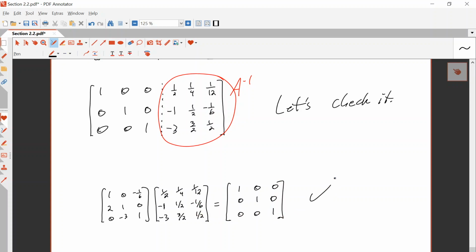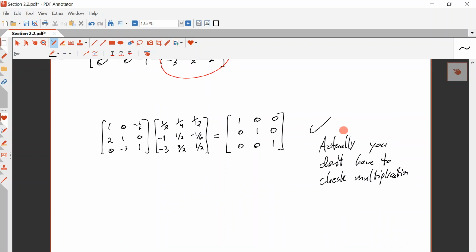So that checks out. You actually only have to check one direction, so you don't have to check multiplication in the other direction. You just have to check it in the one direction, and if it works, then you know that that's the identity.